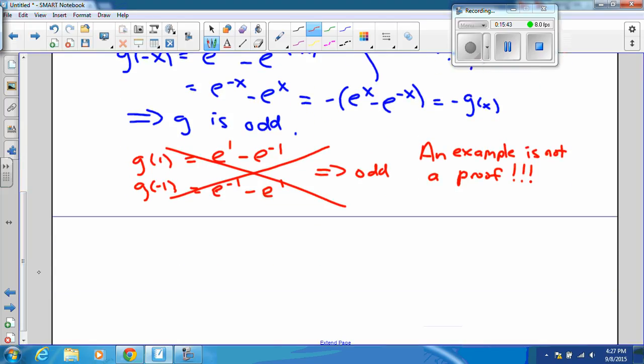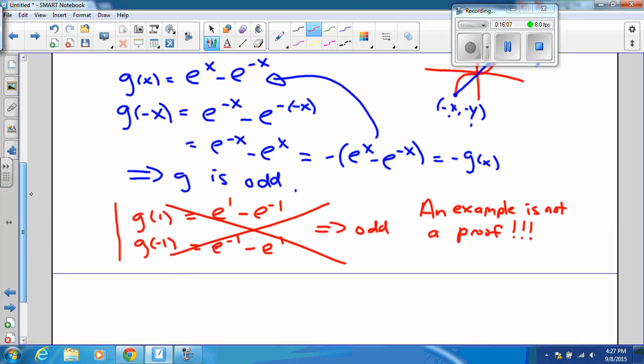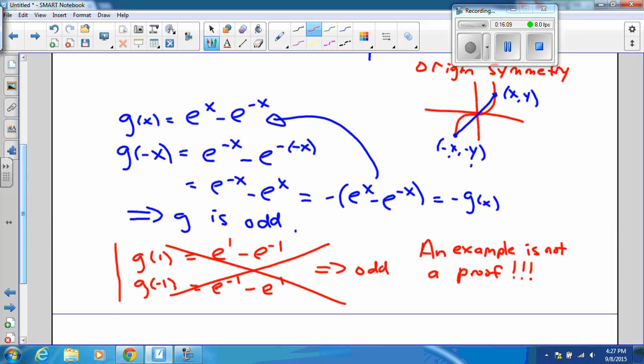So by plugging in an example right here, I have found that g of 1 is equal to the opposite of g of negative 1. But to do that right, I would have to check g for every single possible x value. I would have to plug them all in. And I can't do that one at a time because there are an infinite number of real numbers.